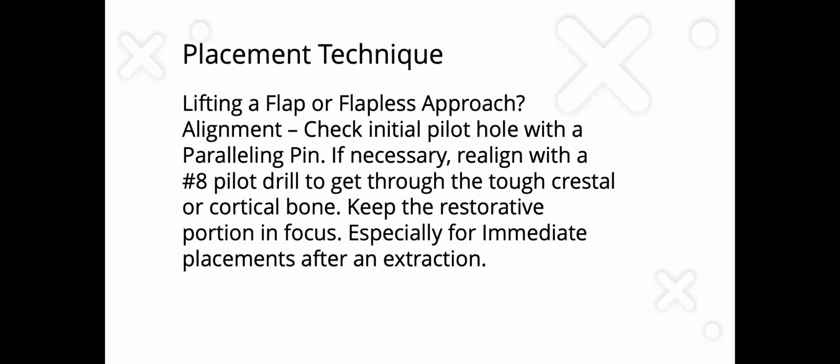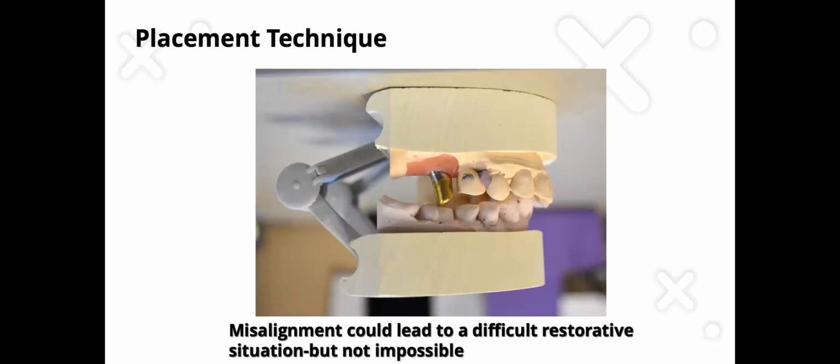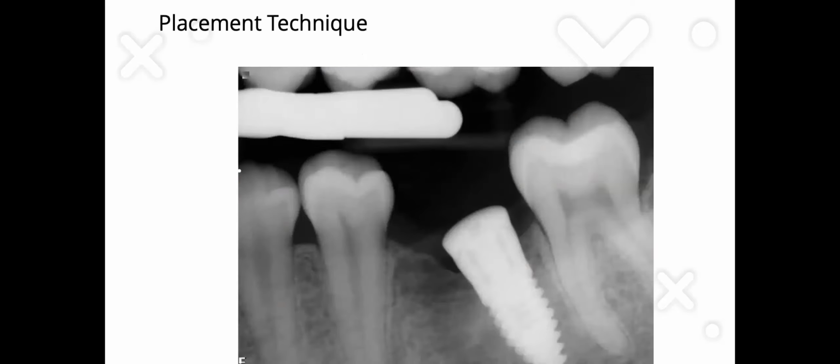And then keep the restorative portion in focus. So when you place your paralleling pin, you can actually see an idea of where the final restoration is going to go. So what can happen is if we have a misalignment, especially with immediate placements after an extraction, it may lead to a difficult restorative situation, but not entirely impossible.